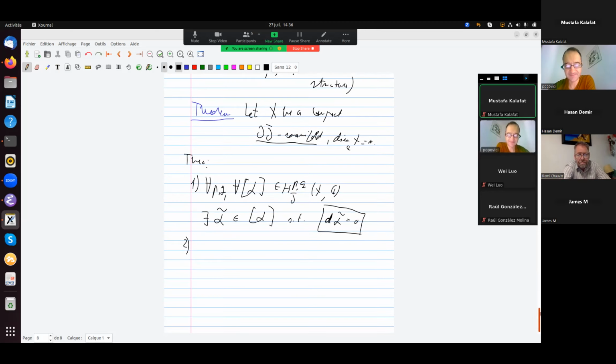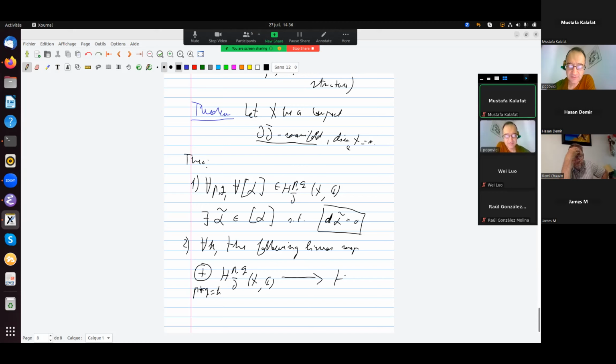Now, second, for every k, the following linear map. So I'm taking the following thing: the sum over p plus q equals k of the Dolbeault cohomology, H^{p,q} d bar, of X, C. And I want to map this to H^k de Rham of X, C. Now, what am I going to do?